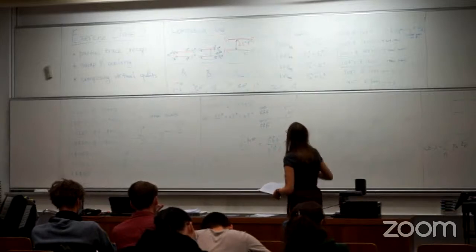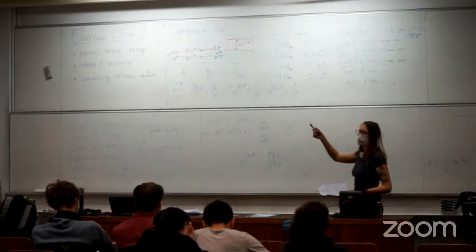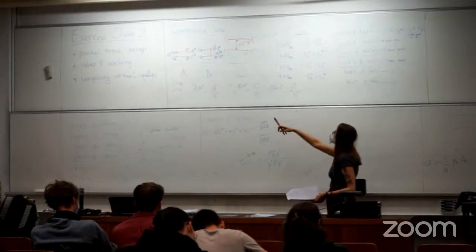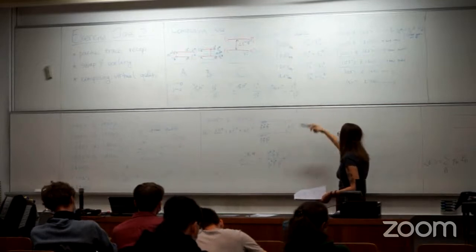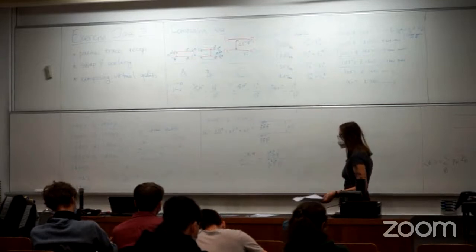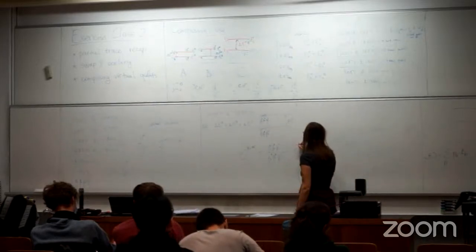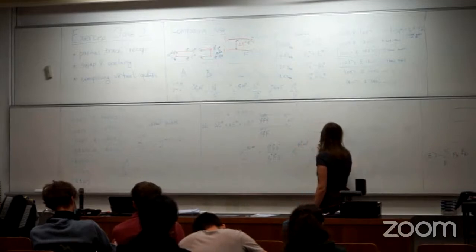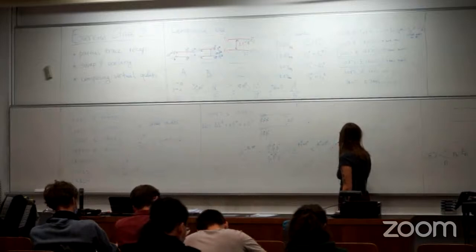How can I express that in terms of the virtual temperature of each qubit? I know that this ratio is e to the power minus beta VA delta EA. This ratio is the same thing for B, and this ratio is the same thing for C. So I can write this as e to the power minus beta VA delta EA, e to the power minus beta VB delta EB, e to the power minus beta VC delta EC.